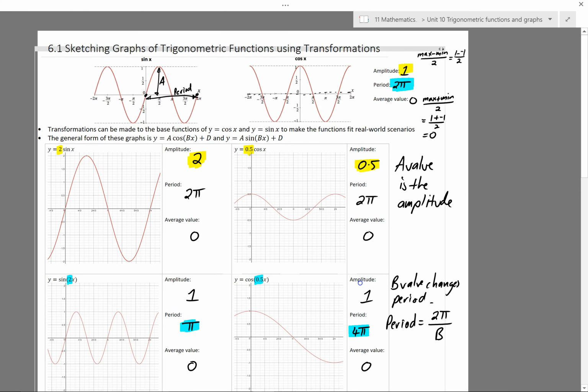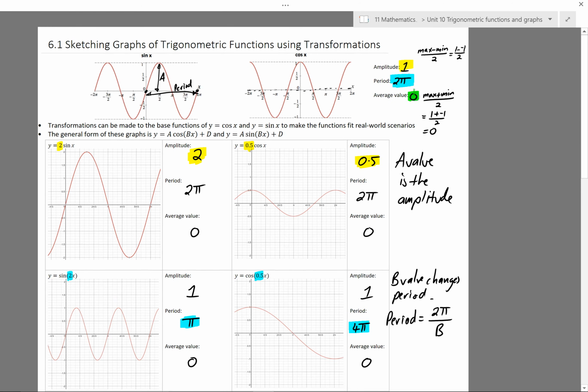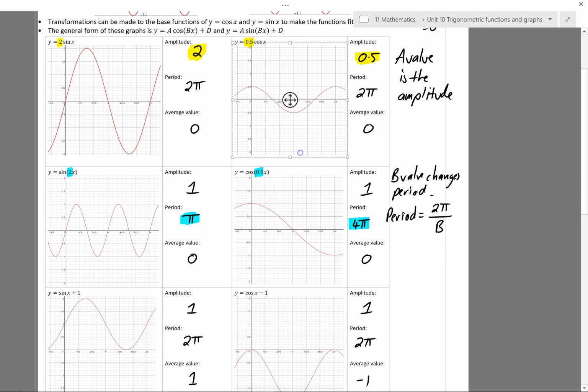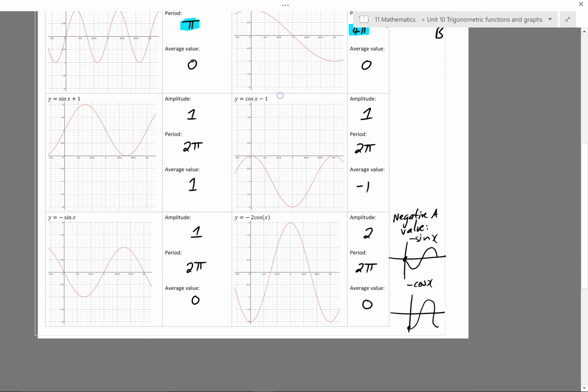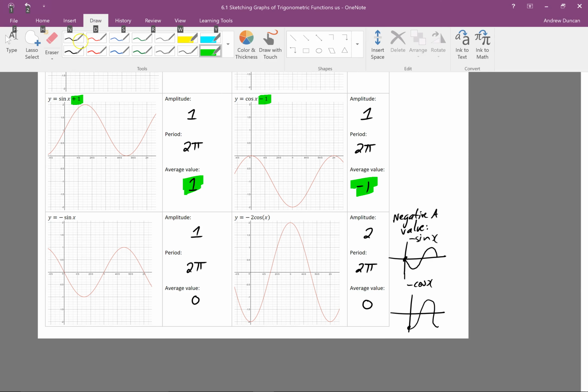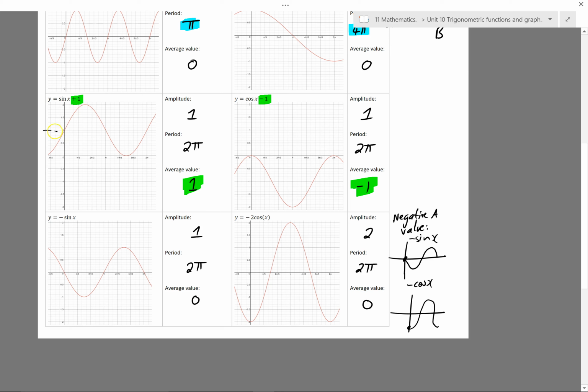The only remaining thing to investigate is the average value. So what's going to change my average value from being 0 to something else? First two are 0, these two are 0. Oop. In the middle, I've got 2 where the average value has changed. Everything else has remained constant. If I look at these two numbers, hopefully I can see some connection between my average value, where I have my symmetry of 1, and the number that's added to the end of the sine function.